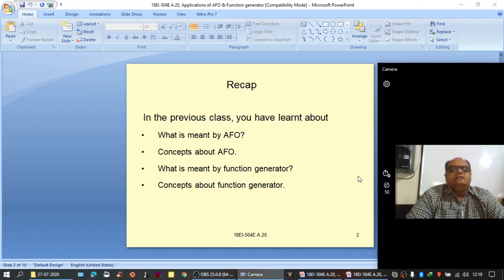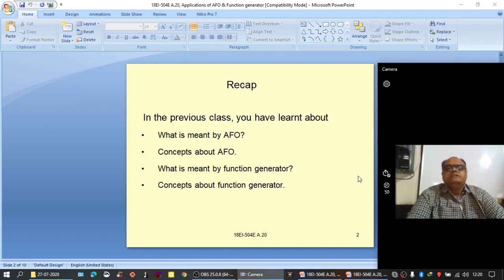As such, the Wien bridge used in the oscillator circuit does not produce any phase shift. Instead of that, along with a Wien bridge, two transistor amplifier circuits are used in a Wien bridge oscillator in order to achieve 360 degrees phase shift.